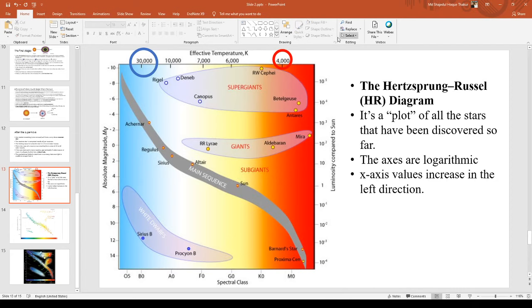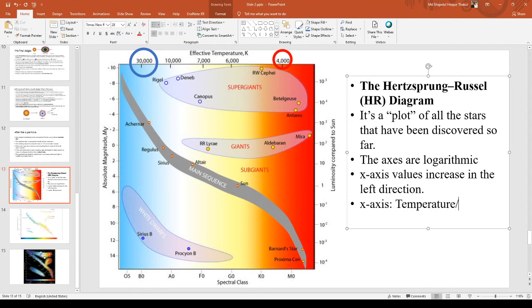The x-axis is not always temperature. The x-axis can be one of three things. The x-axis can either be temperature or color or spectral class.